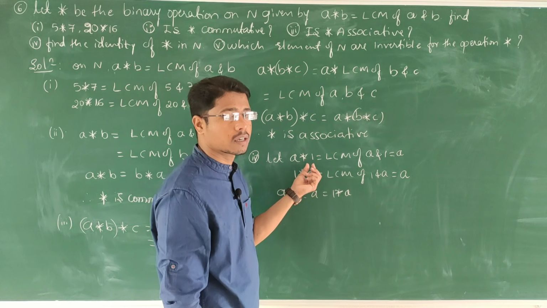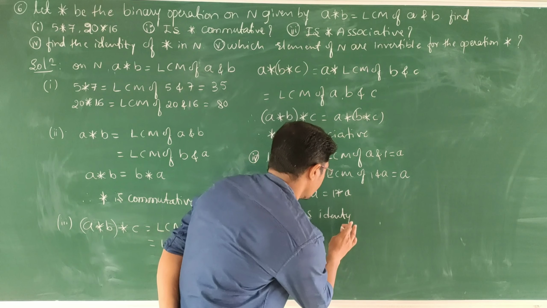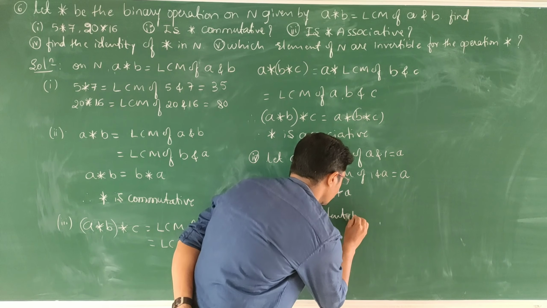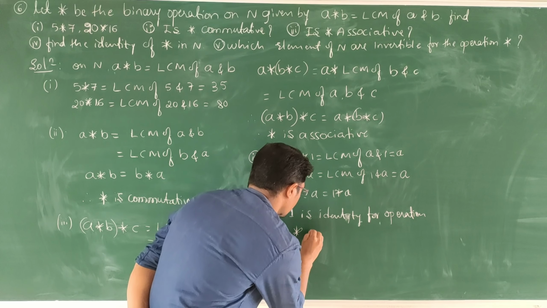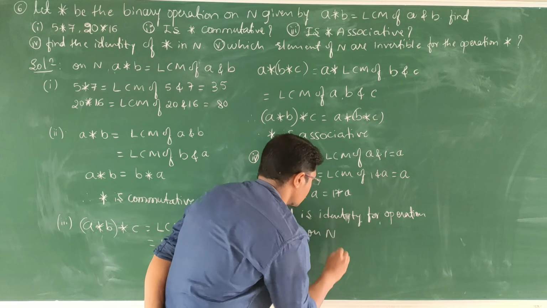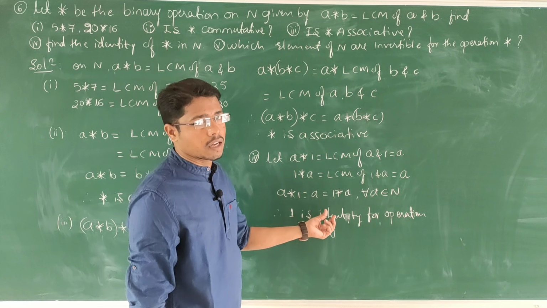Therefore 1 is the identity for the operation star on N, because for all a belonging to N, the set of natural numbers, if you take any element and operate it with 1, the LCM of a and 1 gives a.